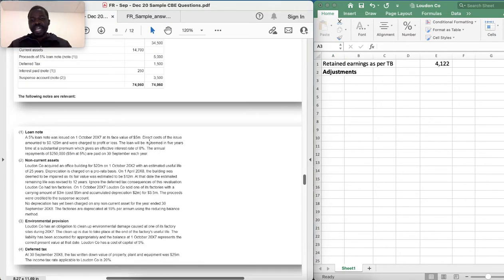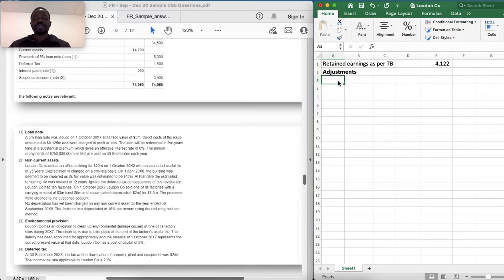Then direct costs of the issue amounted to 0.125 million and were charged to the profit or loss. The issue cost mustn't be charged to the profit or loss. The issue cost must be capitalized. So they were subtracted from the profit. Now we need to add them back.